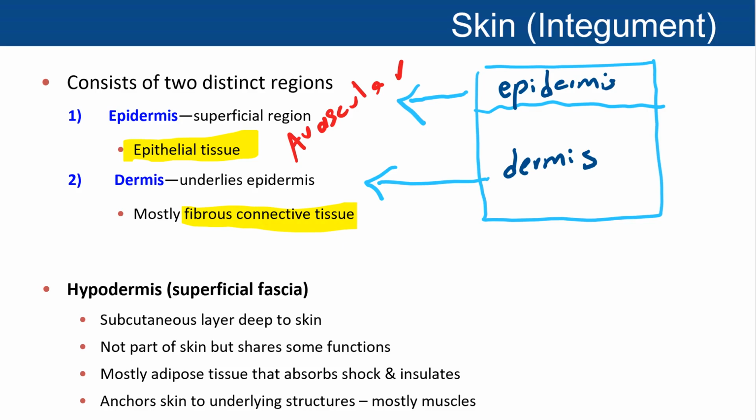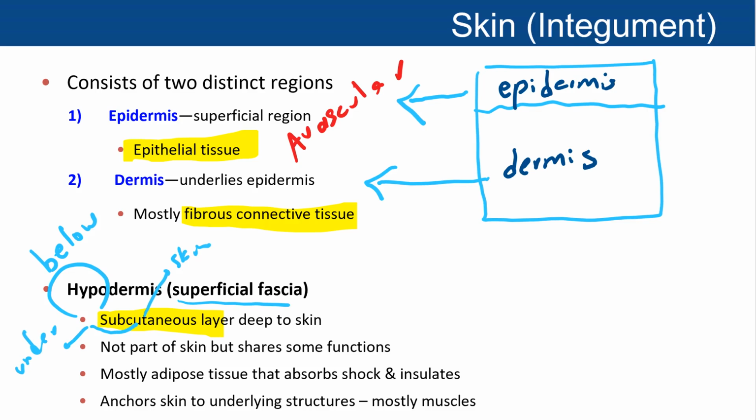There is another layer below the skin, which we call hypodermis or subcutaneous layer or superficial fascia. The hypo means below. Hypodermis means a layer below the dermis. Subcutaneous, sub also means under, and cutaneous means skin.